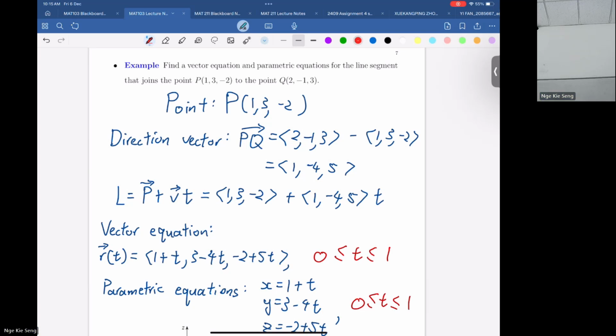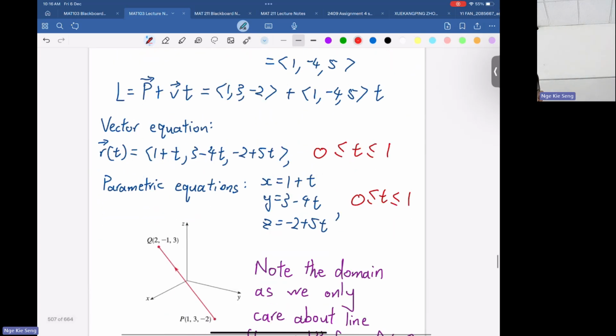One is a vector form, one is in terms of variables.